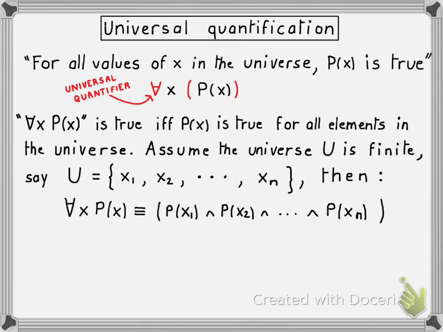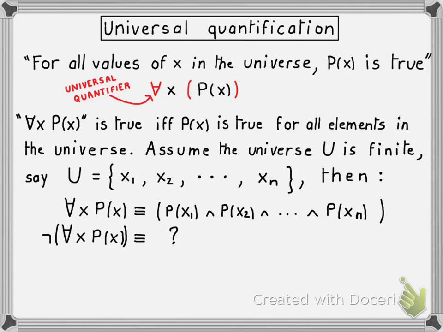Now, since any proposition can be negated by inserting a negation in front of it, let's consider the negation of this for all x, P of x. And my question to you is, first of all, you should be convinced that this is a proposition. It's either true or false. But the question is, when is it true or when is it false? In other words, what is it equivalent to in logic?